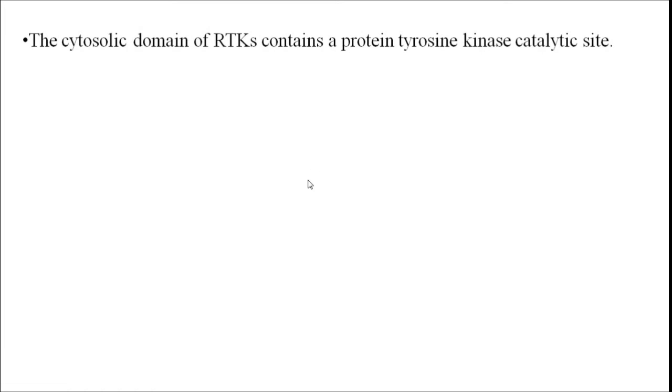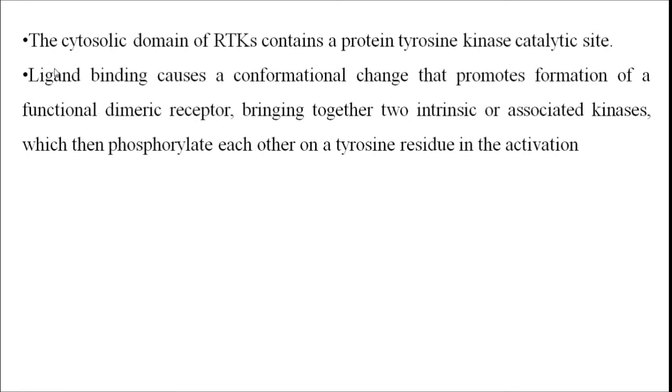So as we have discussed, the cytosolic domain of this receptor tyrosine kinase consists of protein tyrosine kinase catalytic activity. So when the ligand binds, what will happen? It will induce a conformational change that promotes the formation of a dimeric receptor.